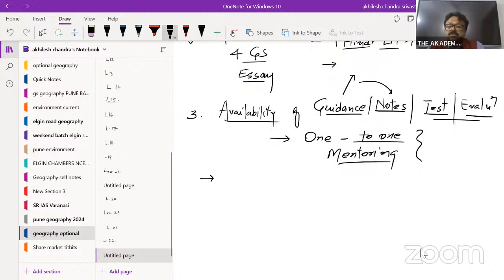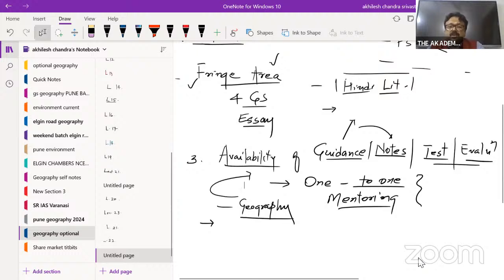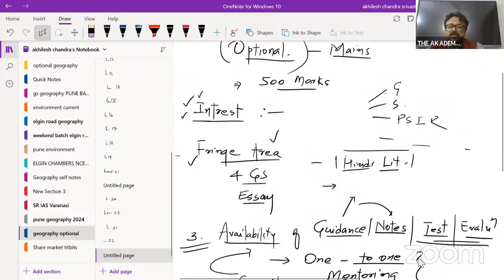The optional which has good guidance, a good amount of notes, tests, as well as evaluation and mentors is always suggested for UPSC preparation. And again, geography is one of the topmost optionals in this scenario. You will find many good, competent teachers, notes are there, and they also provide tests and evaluation, isn't it? So in that case, geography is much better qualified than the other optionals.